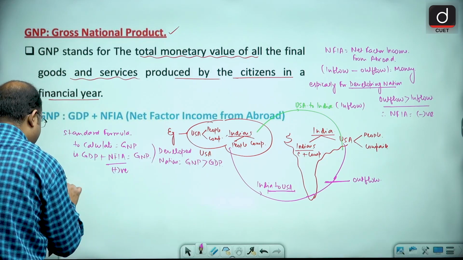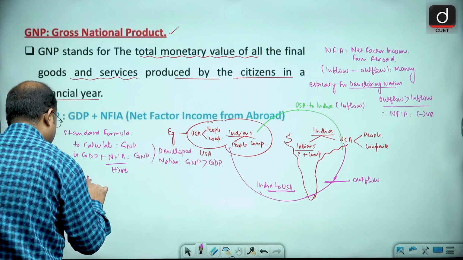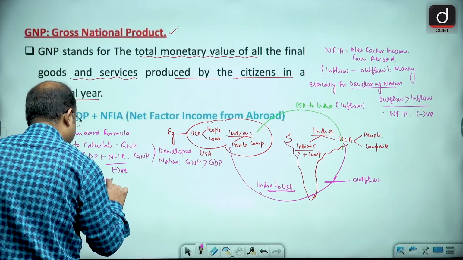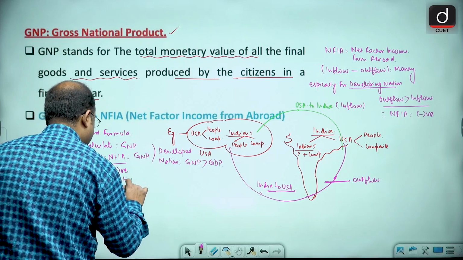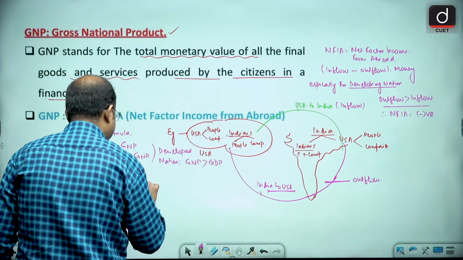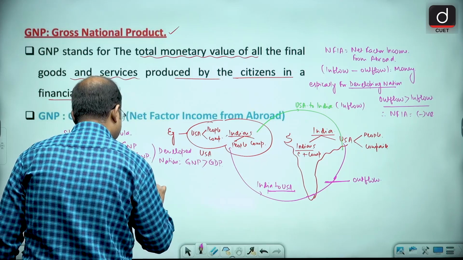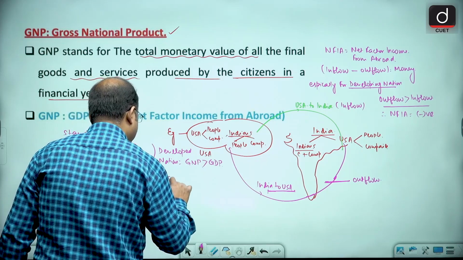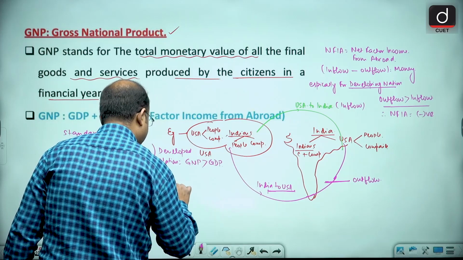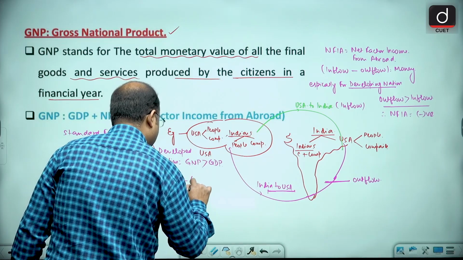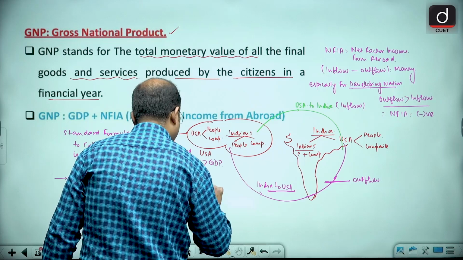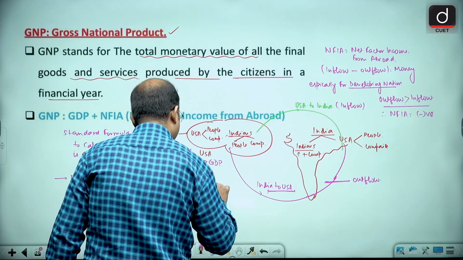Whereas guys, in developing nation, the formula becomes GNP is equal to GDP minus NFIA.